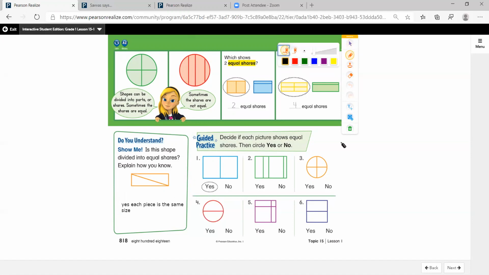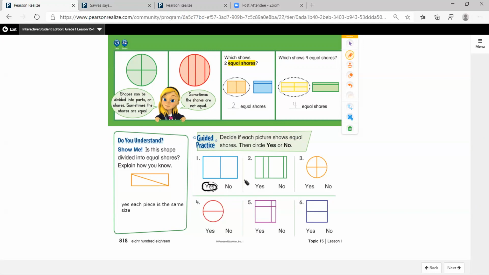Now for our guided practice, we're going to decide if each picture shows equal shares. Remember, equal means the same, and shares is another word for pieces. So in number 1, you can see they circled yes. The blue rectangle has been cut into 2 equal pieces.